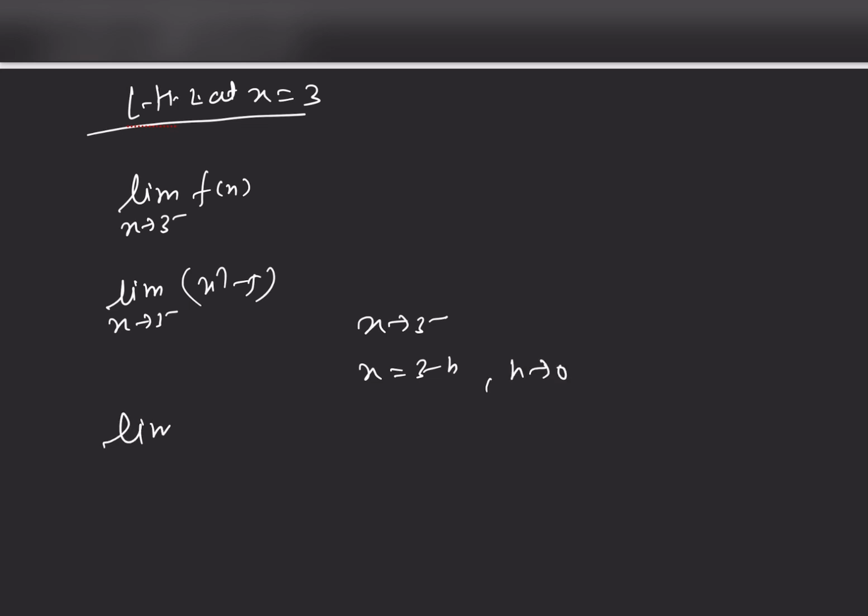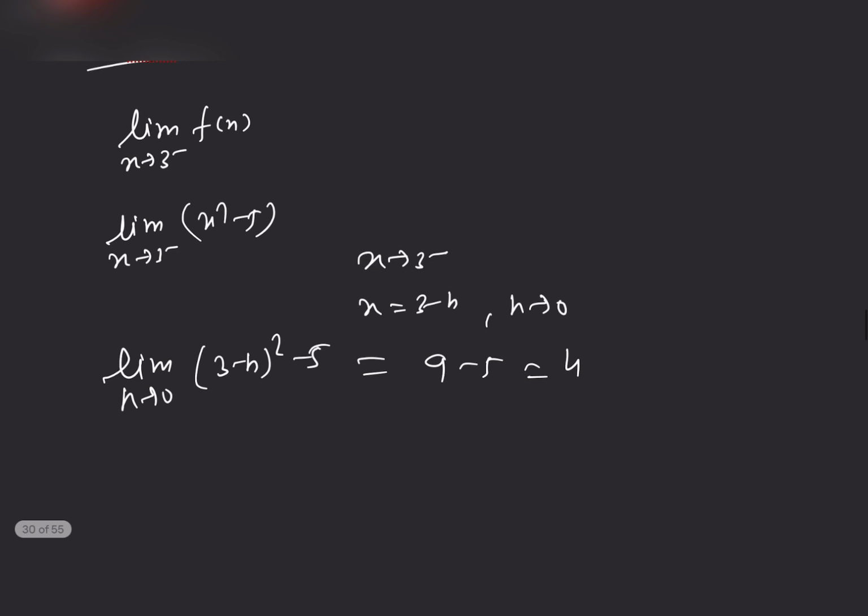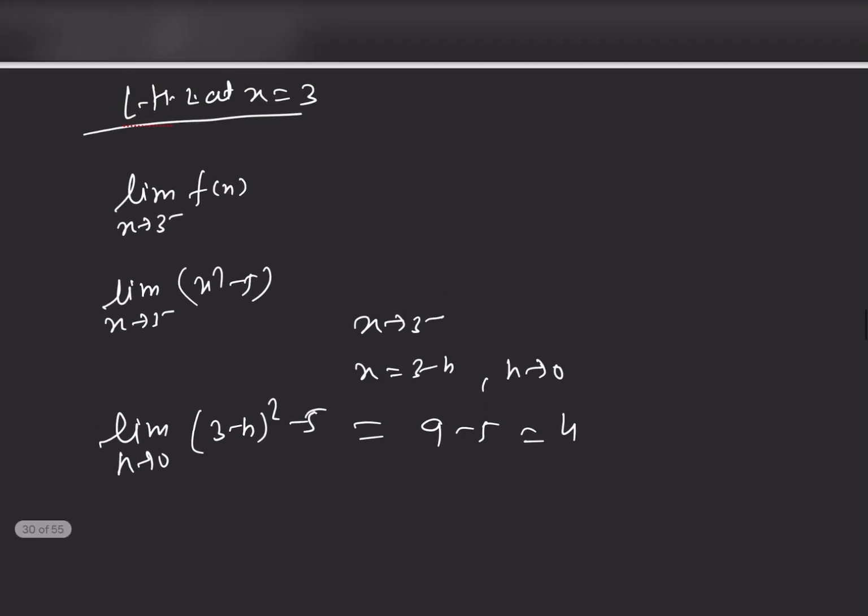So limit h tends to 0 of (3 minus h) whole square minus 5, and directly putting the value we get 3 minus 0 whole square minus 5, which is 3 square minus 5, equal to 9 minus 5. So it is 4. That means the limit as x goes to 3 minus of f of x is 4. LHL at x equal to 3 is 4.